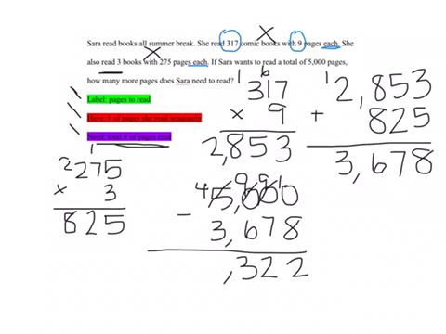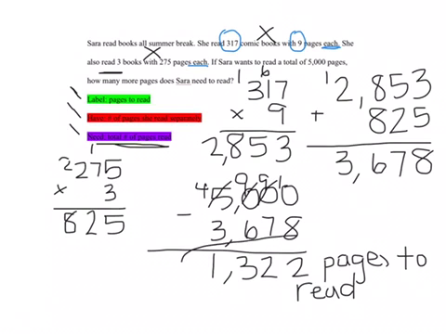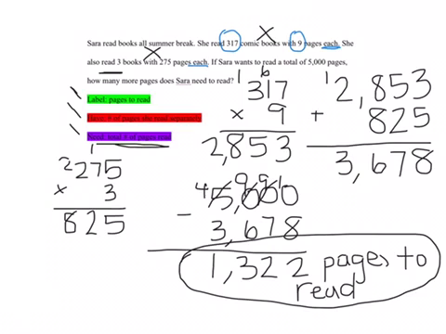And 4 take away 3 is 1. 1,322 pages. That A got a little messed up. Pages to read. Okay, then final step, circle your answer, because there's a lot of work on this page, so we circle our answer to make sure we know where it is.